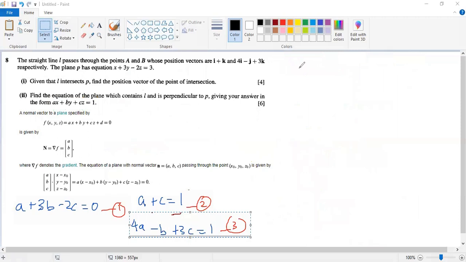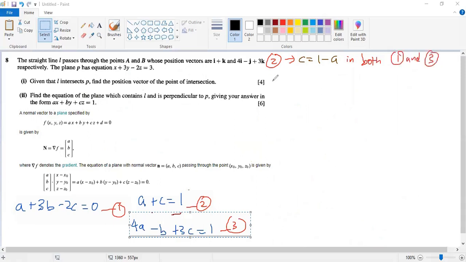Let's substitute first. From equation 2, we can substitute c as 1 minus a, in both equations 1 and 3.